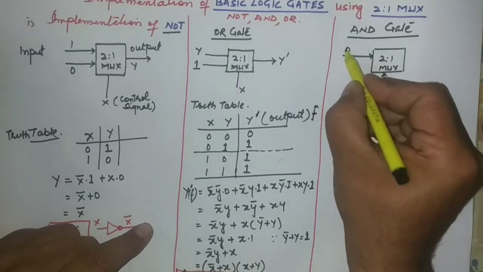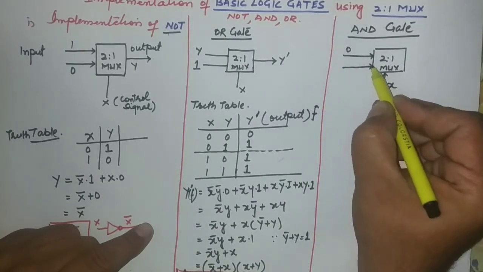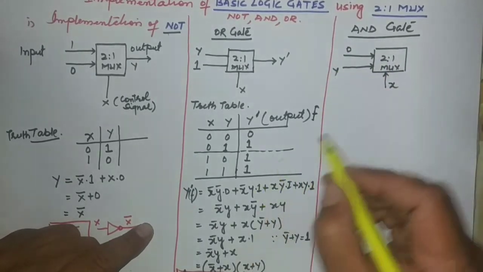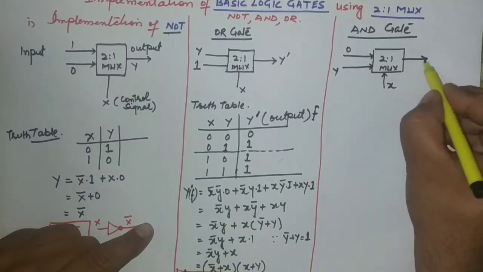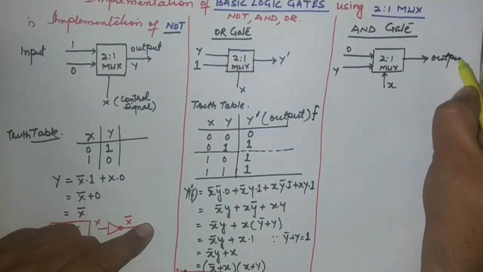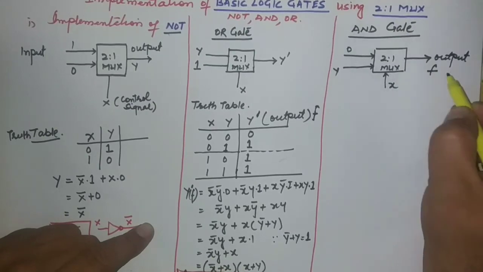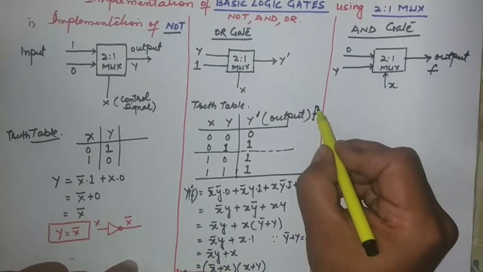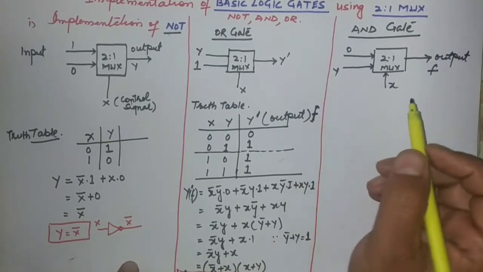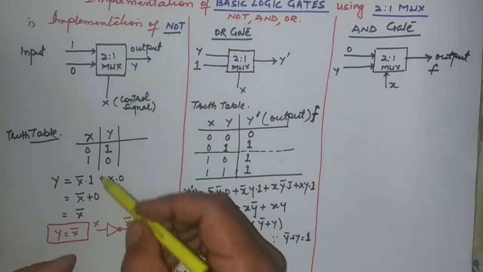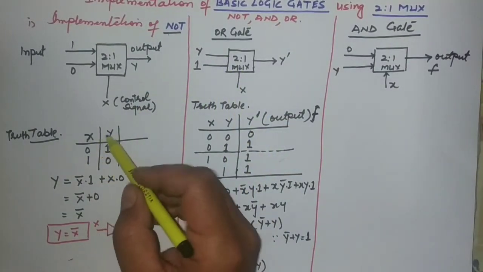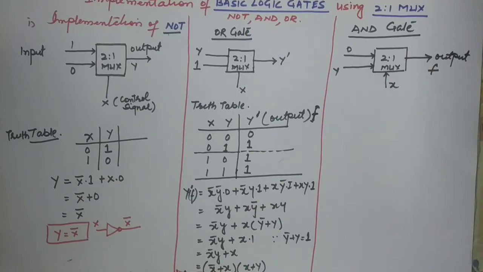These are the two inputs, 0 and y, and say for example this is the output. Now we will abbreviate this output as output function f. You can also take f here, but here there was no problem because these two abbreviations are different.